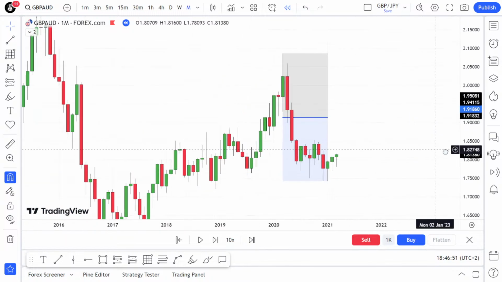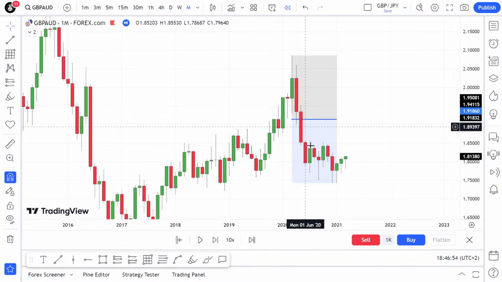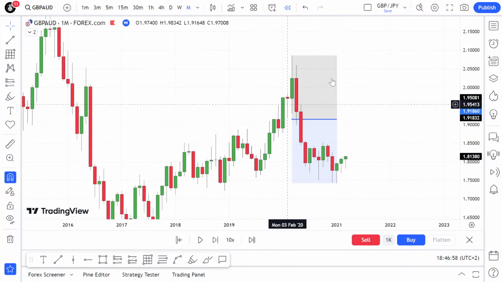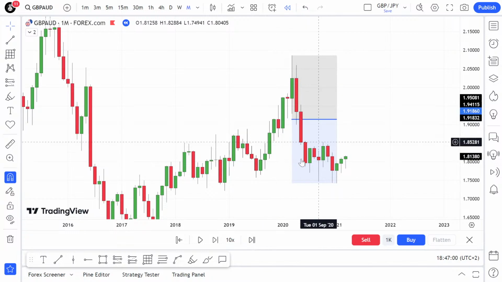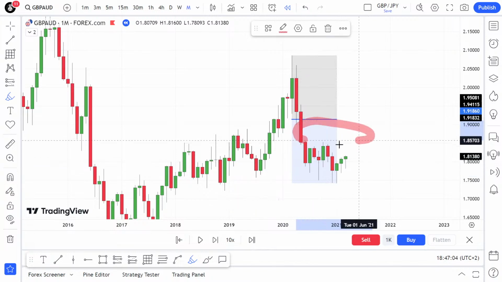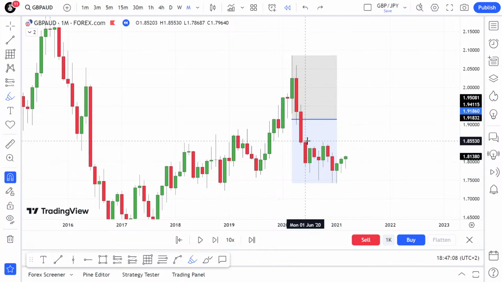Now, are we able to rebalance all towards the equilibrium? Maybe there are no fair value gaps up here in the premium, but regardless, I'm thinking that we are seeing a retracement back to this.